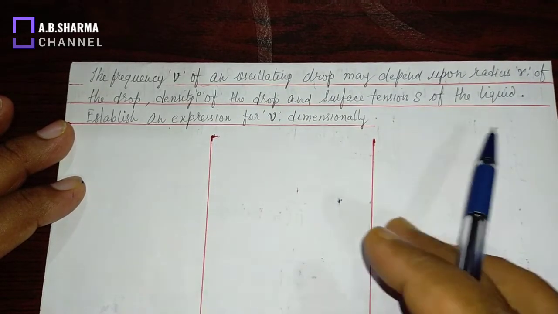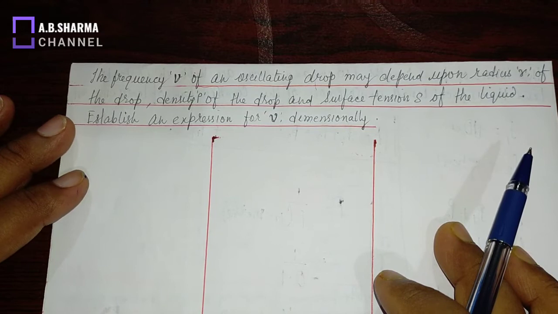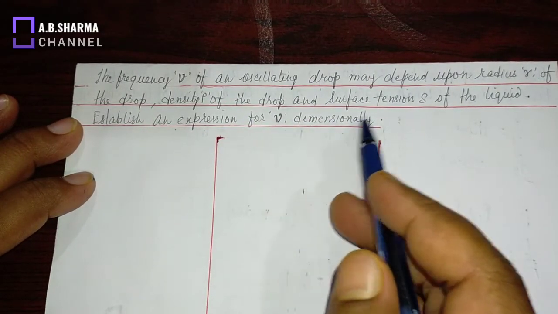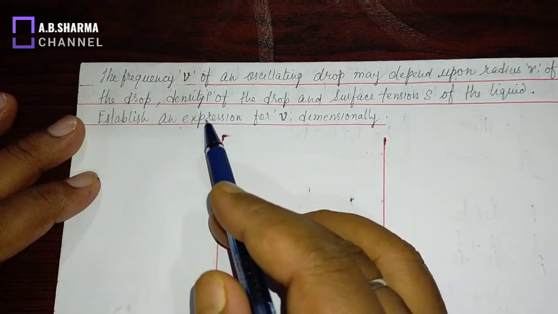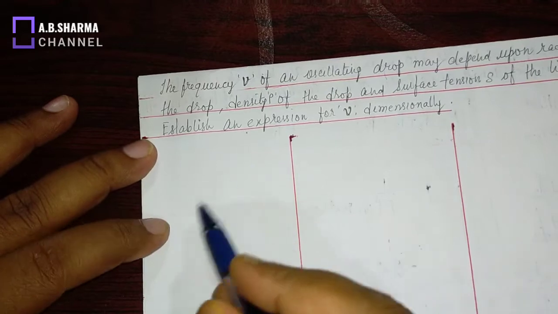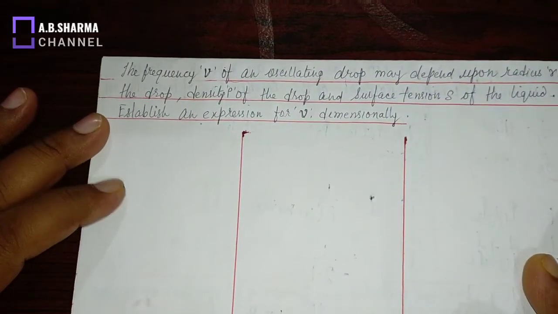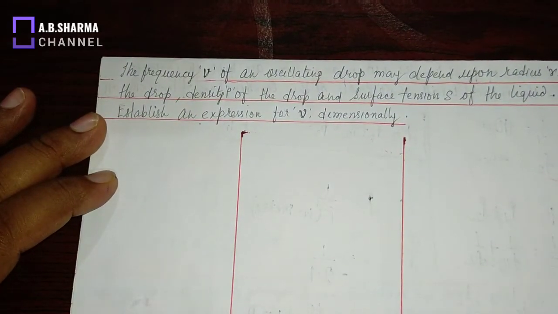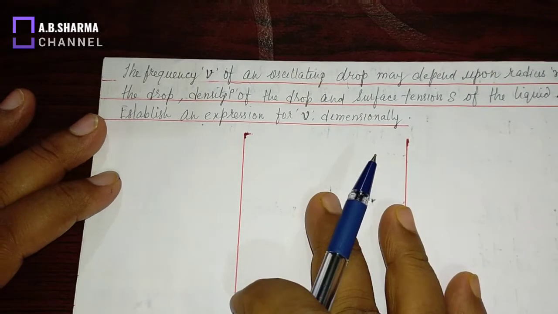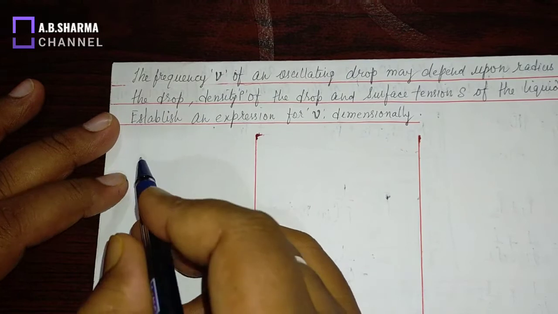Now establish an expression for frequency dimensionally. First try to solve the question by yourself, then see the solution. Pause the video and try to solve it. Okay, now see the solution.